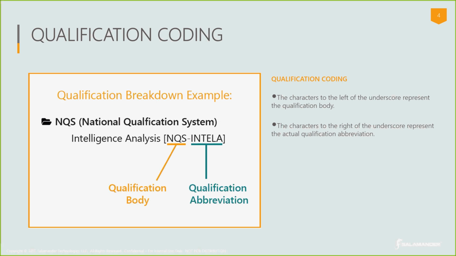So what we did in the new version is the letters to the left of the underscore, anywhere between 3 and 5 letters, identify the qualification body. As the example here, NQS is the National Qualification System. If this was, for example, a wildland fire one, you would see NWCG and then an underscore, and then the letters to the right of that are the abbreviation for the actual qualification.